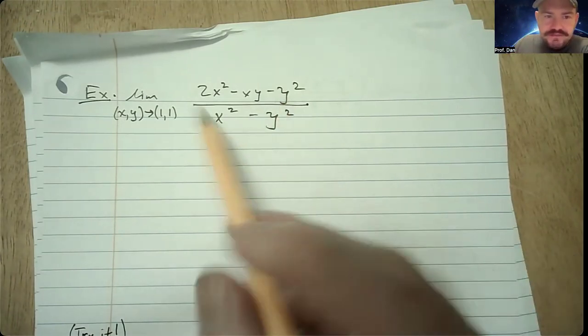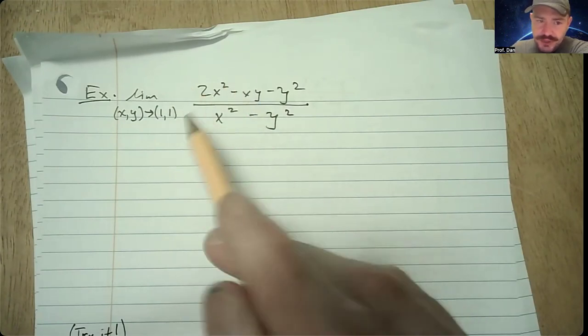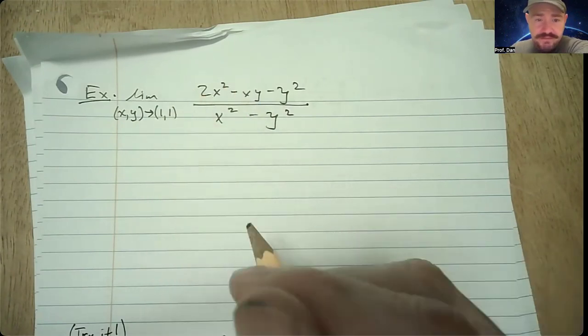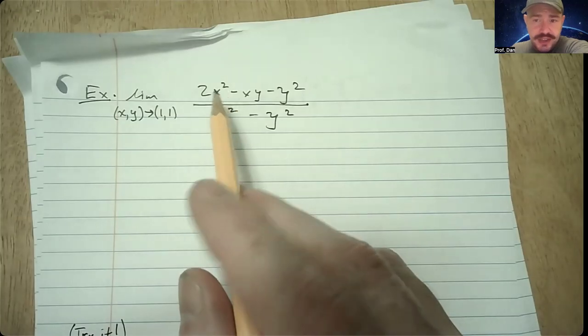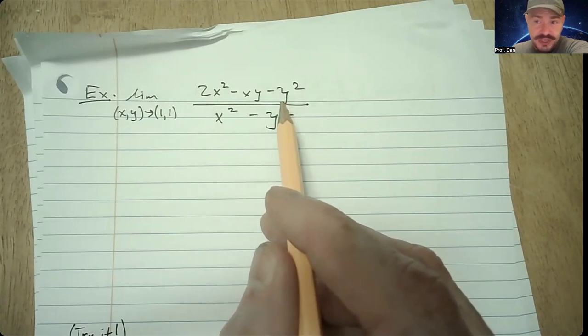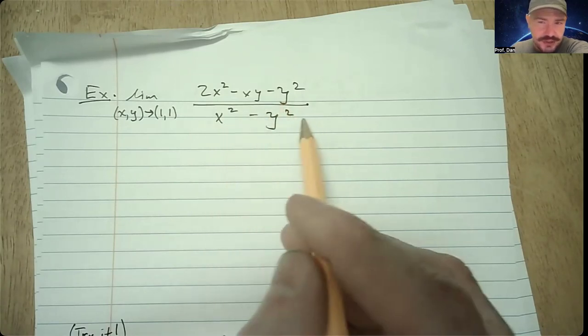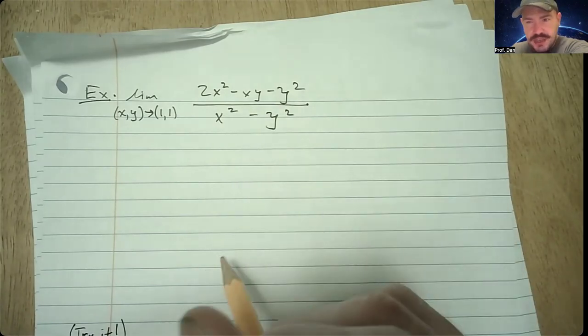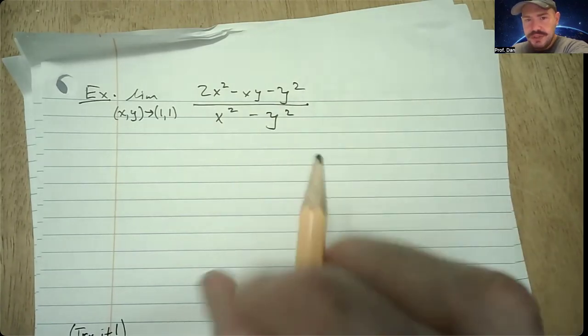But yeah, so first thing, try plugging in 1 for x and 1 for y. If you do that, you'll end up getting 0 in the numerator, which could be okay. But then you get 0 in the denominator, and 0 over 0 is not a thing. That's an indeterminate form. And you might be thinking, can't we just L'Hopital it?